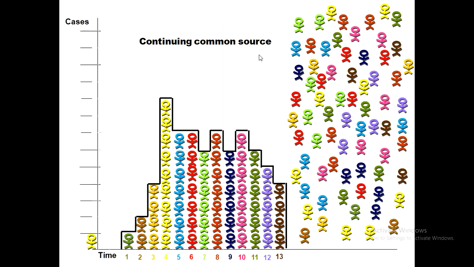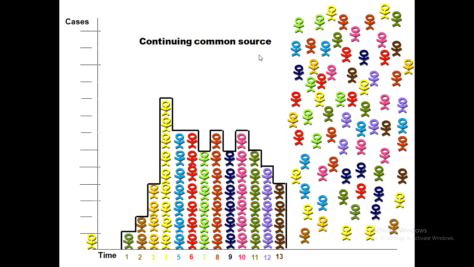The example can be the cholera epidemic, in which John Snow estimated that the number of cases was continuously increasing because they were taking water supply from the same source.